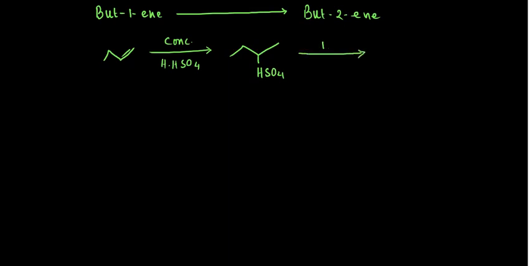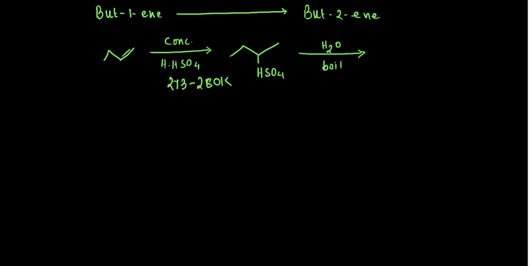Next I will use water to boil. One thing I had forgotten: if you use cold and concentrated H2SO4, then the temperature will be cold, approximately 273 to 280 Kelvin.